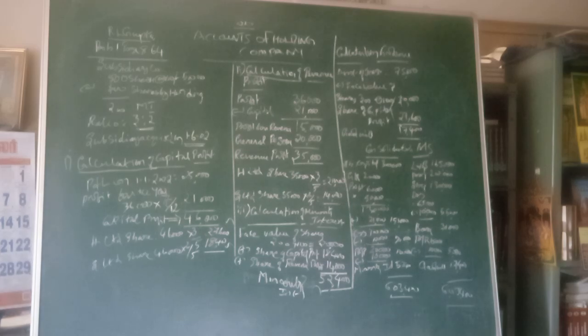And the next point is profit on unrealized stock. Of course, that is not treated in this problem, but in yesterday's session I showed how to treat the unrealized profit as per the provisions of AS 21. Okay, so all the major aspects of this chapter are covered in this.